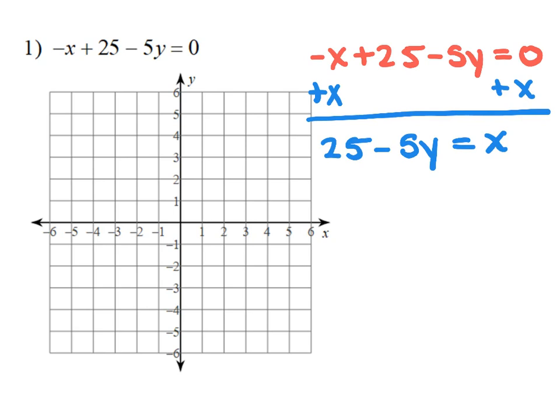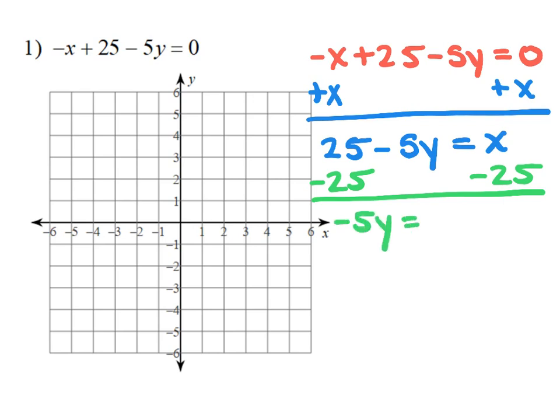Then if I want to move this 25 over to finish getting y by itself, I would have to subtract 25 from both sides. So I'll have negative 5y equals x minus 25.